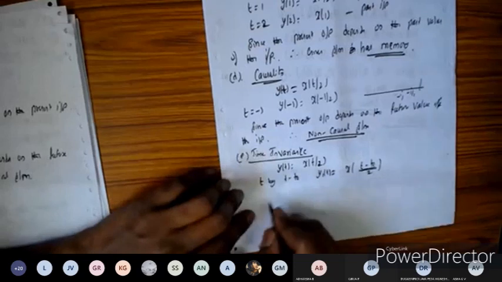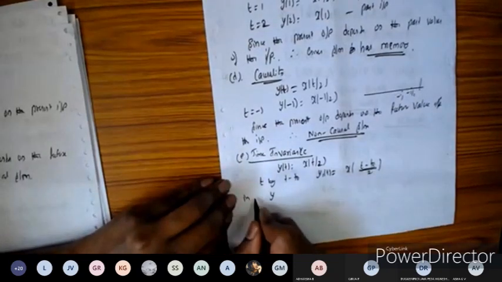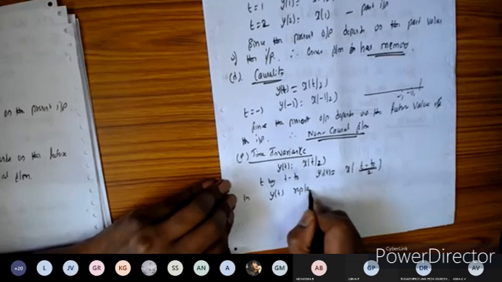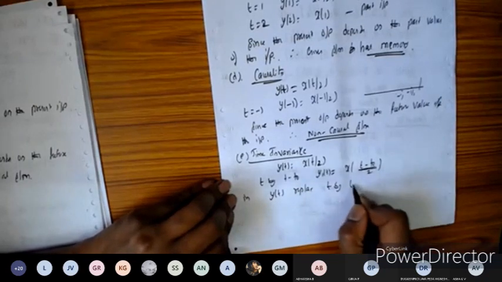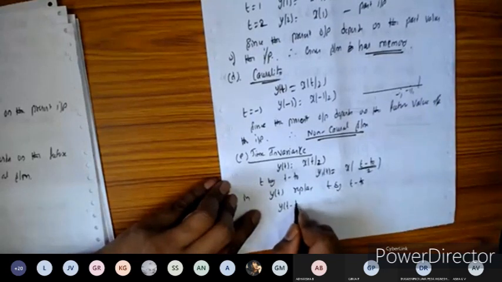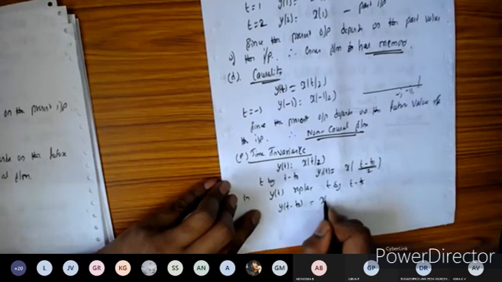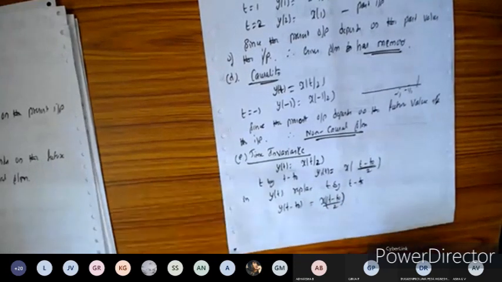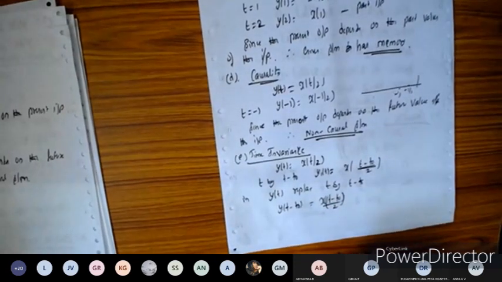Similarly in y of t, replace t by t minus t0 here. So it has become y of (t minus t0) is equal to x of (t minus t0) divided by 2.